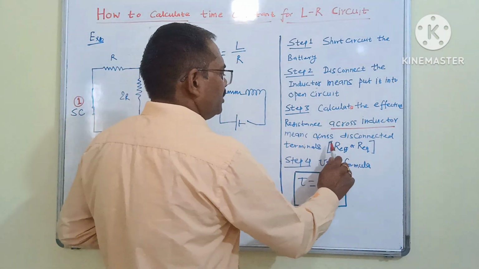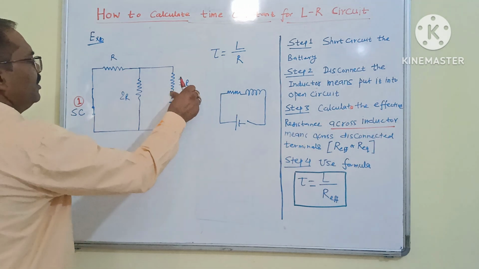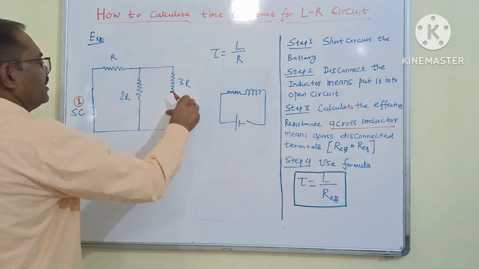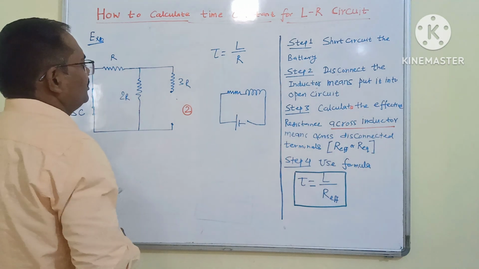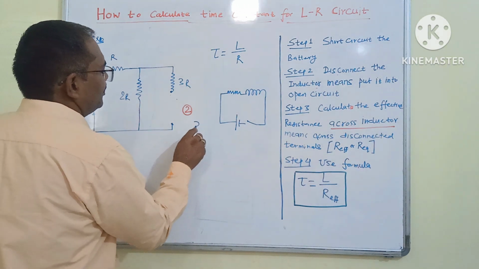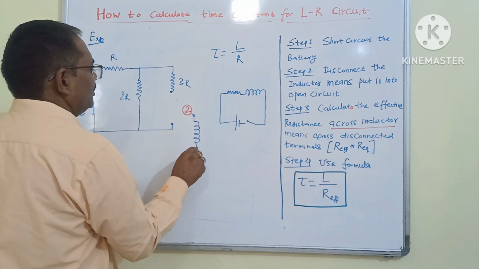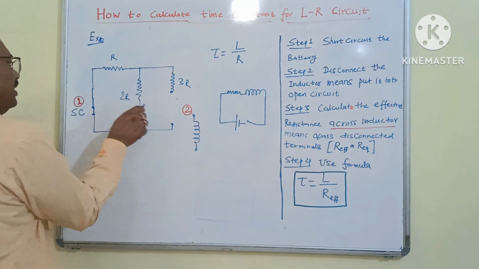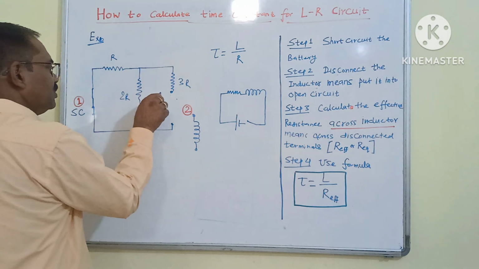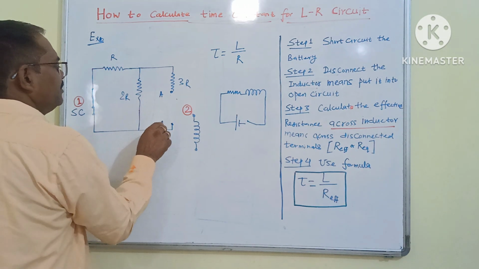Means across the disconnected terminals. These are the disconnected terminals. I can put this inductor outside, like I have cut and removed it, and it is placed here. These are the terminals. So I have to calculate the equivalent resistance for these two terminals, say A and B, whatever I can say.